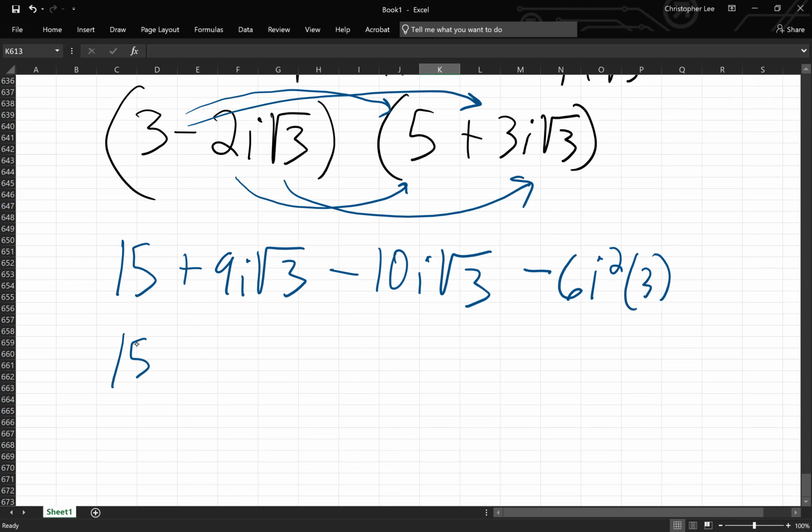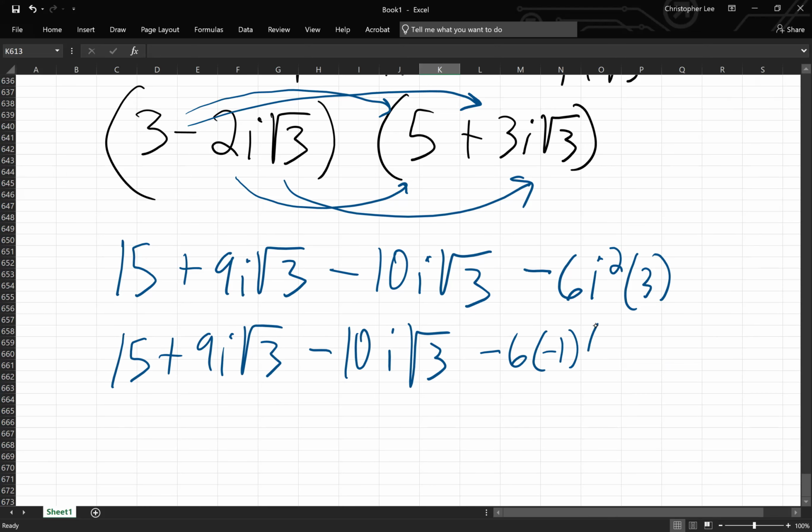Let's fix this up. This will become what? 15 plus 9i square root 3 minus 10i square root 3 minus 6 times negative 1 times 3. Put that all together. What's that? 6 and 6 is 12, and then 6 times 3 is 18, right?